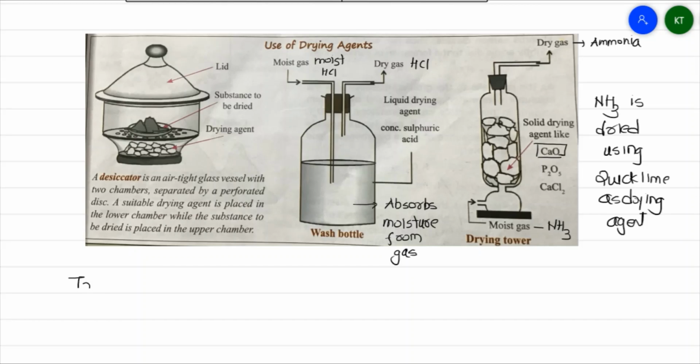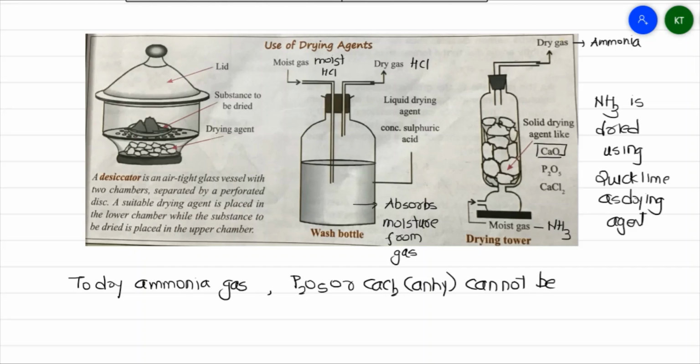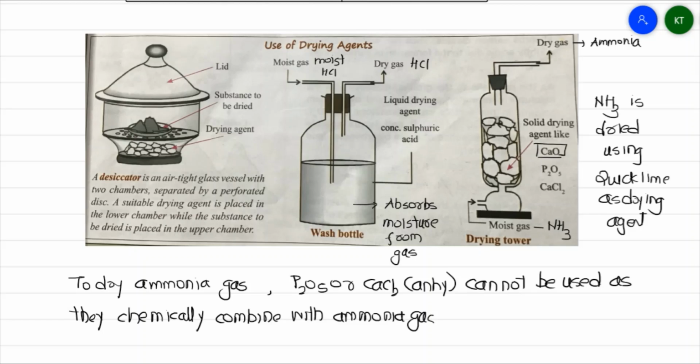So to dry ammonia gas, P2O5 or anhydrous CaCl2 cannot be used as they chemically combine with ammonia. So I cannot use them.